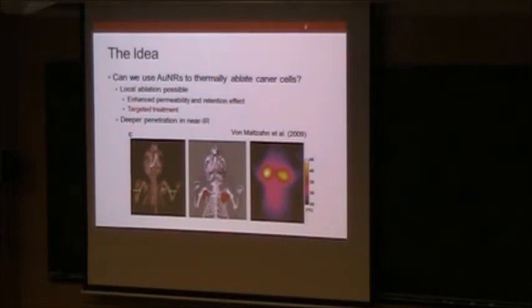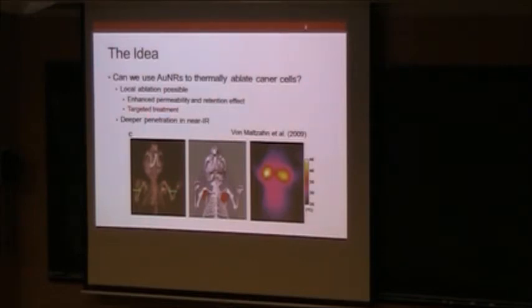If you do an IV injection of gold nanorods, they would end up in tumors because of this effect, without any functionalization. And von Maltzahn and coworkers actually used this to reconstruct a tumor in 3D using X-ray CTs. And this is a thermal image of it.